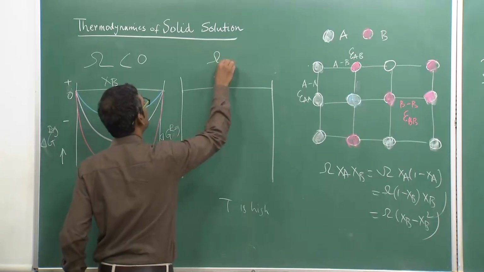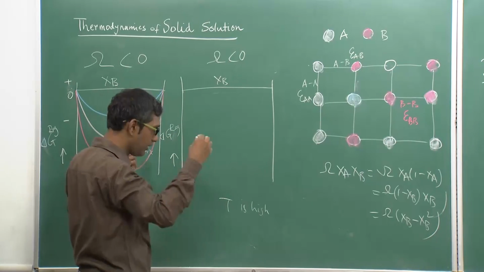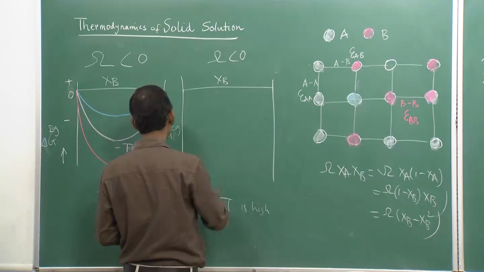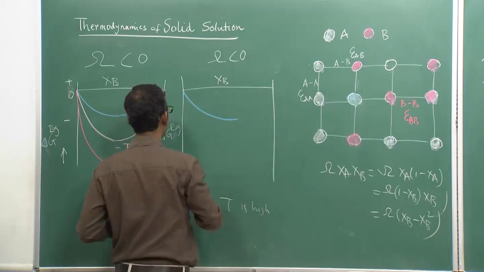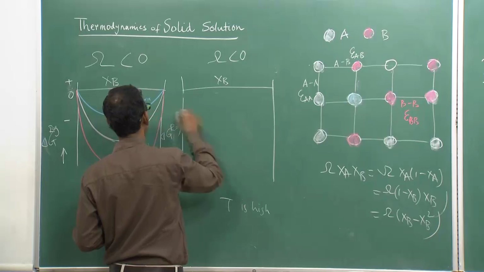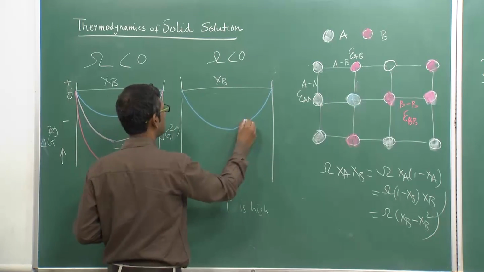Similarly, for high temperatures, what is going to happen? The entropy term will increase further, nothing else is going to change. Enthalpy will slightly increase because bond energies will slightly change, okay. Let me increase it a little further. So here it is, this is delta H mix.